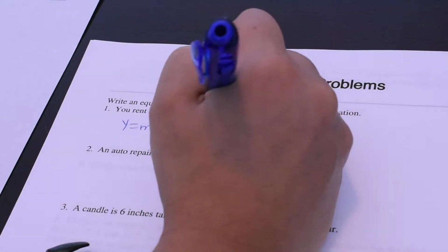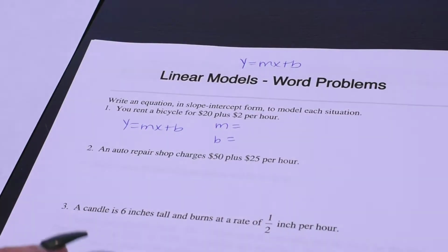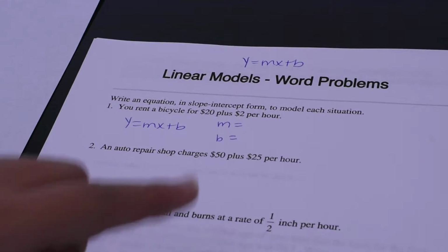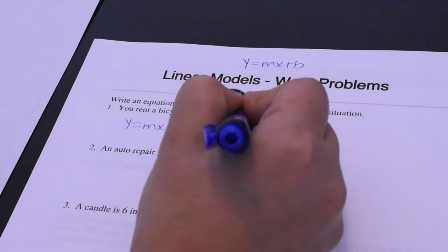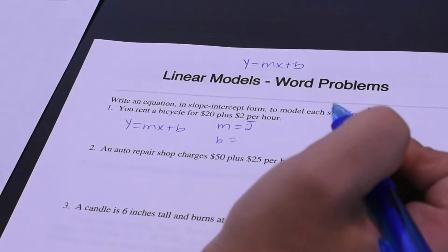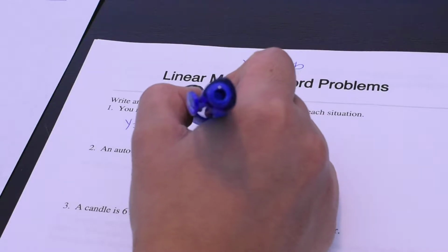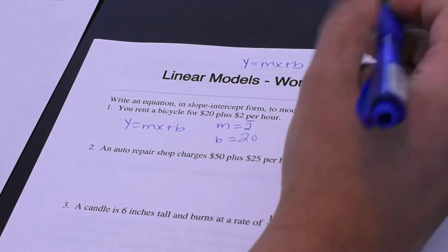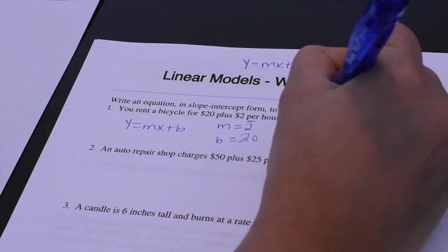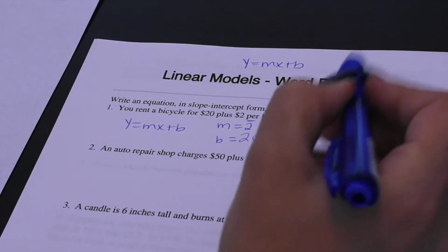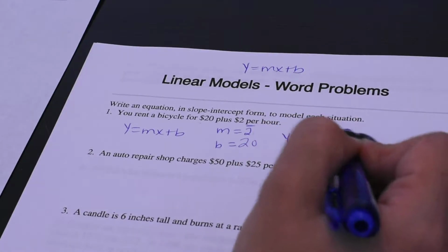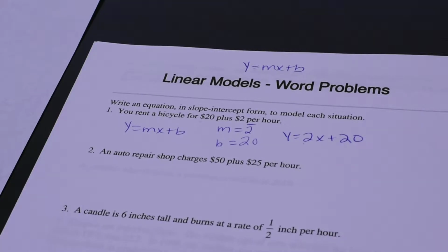I have to identify what is my m, what is my b. So my m, if something says per, I know that's my slope. So my m is 2. My b is my starting. So I start renting it at $20. That's my b. So my equation is y equals 2x plus 20. $2 per hour plus 20 will give me the total.